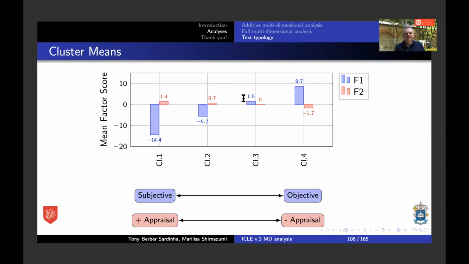As you can see, those 2 go in different directions. So cluster 2 captures this mixture of subjective with more appraisal, which makes sense, right? You're more subjective and you're also giving more appraisal. Whereas this one is really hardcore fact-based objective material with no appraisal, all right?